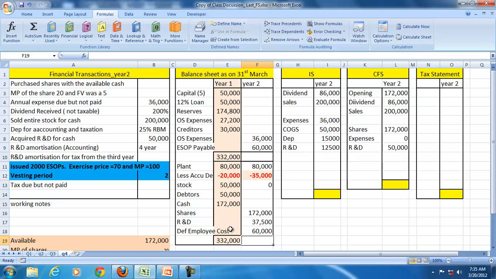And how did we get this 60,000? So the number of ESOPs is equal to 2000.